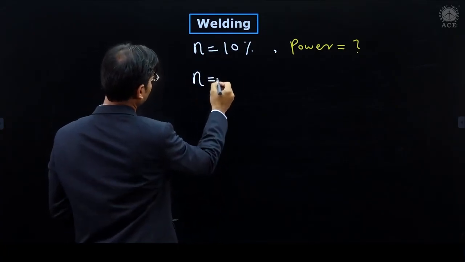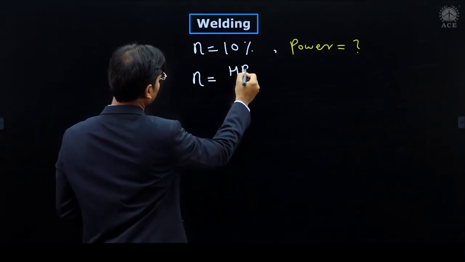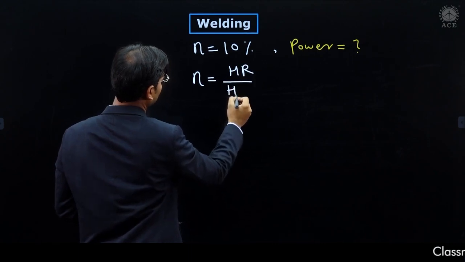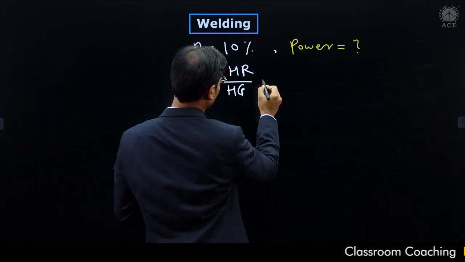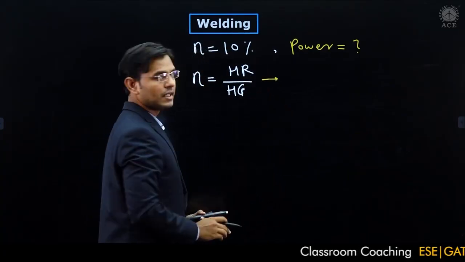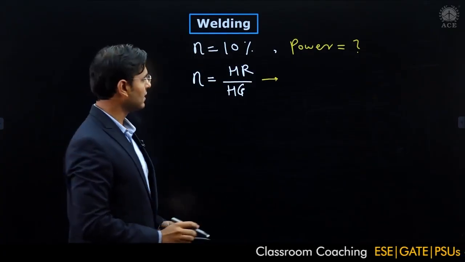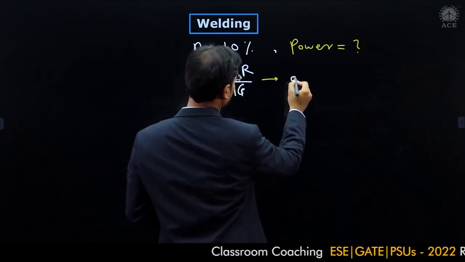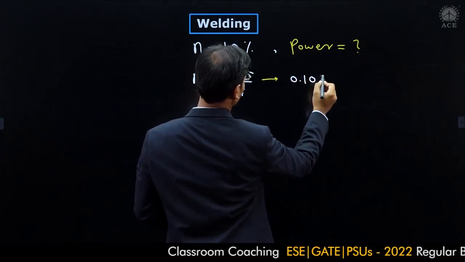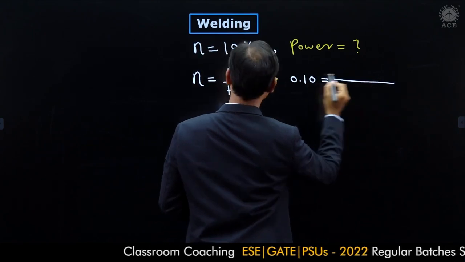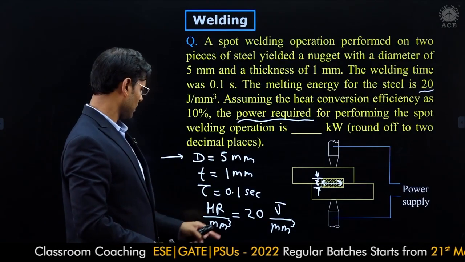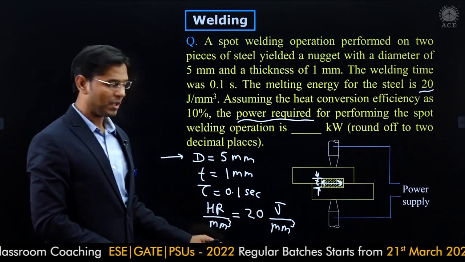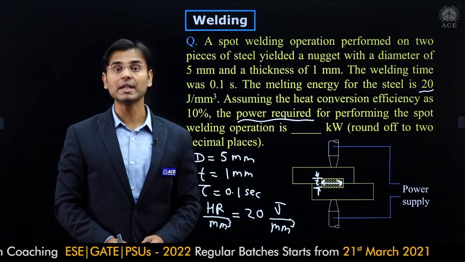I am writing the formula for efficiency. The efficiency is equal to heat required divided by heat generated. Now, what is the efficiency here? Efficiency given is 10%. That is, I am writing 0.10 is equal to heat required. Now, what is given in the problem is joule per millimeter cube, meaning heat required per millimeter cube.